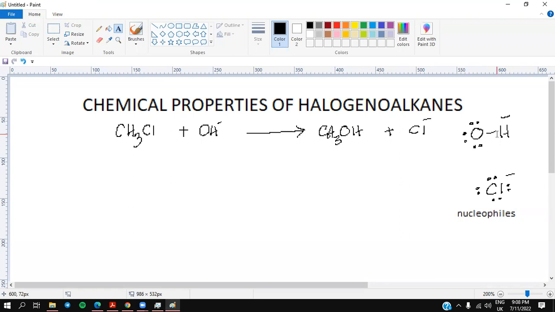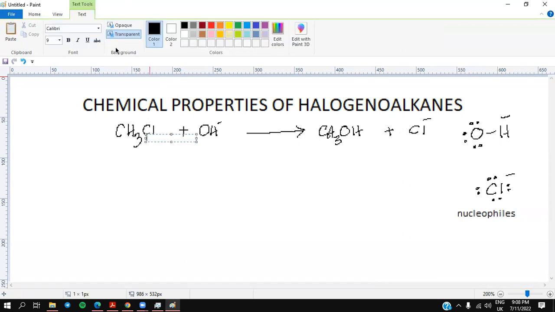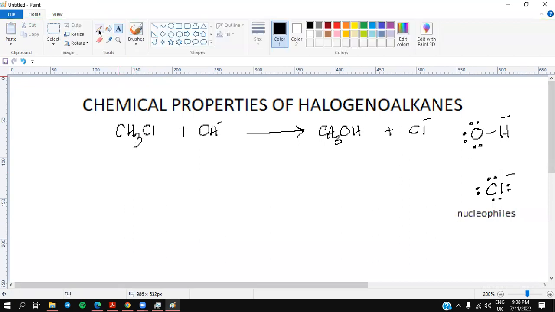Having that in mind, I go to this CH3Cl molecule. In this CH3Cl molecule, we have carbon, hydrogen, hydrogen, hydrogen, and there is chlorine. Remember, I told you that there's a polarity in the carbon-halogen bond.